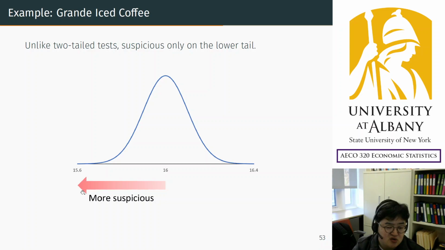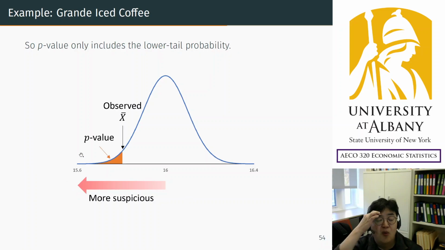You are making it more suspicious only in this direction. This direction has no problem. There is no suspicion at all here, right? Only one directional arrow. So we are going to calculate the p-value this way. When you observe x bar here, in the previous chapter we calculated the p-value using probability on both sides, right?